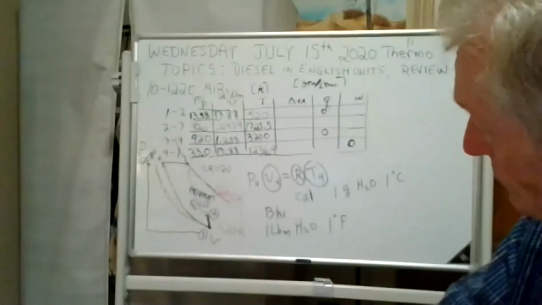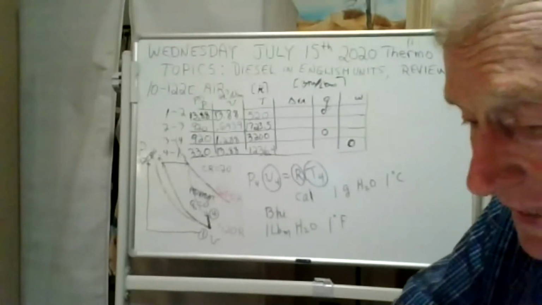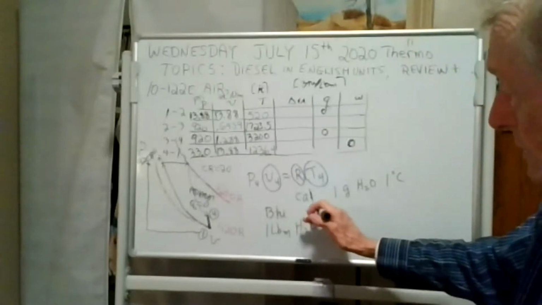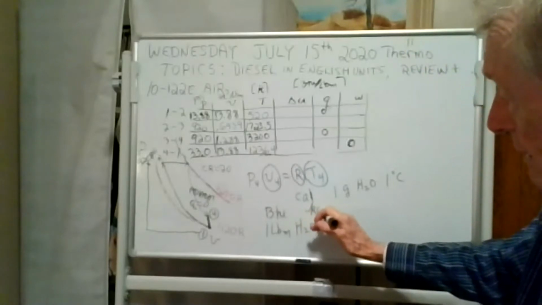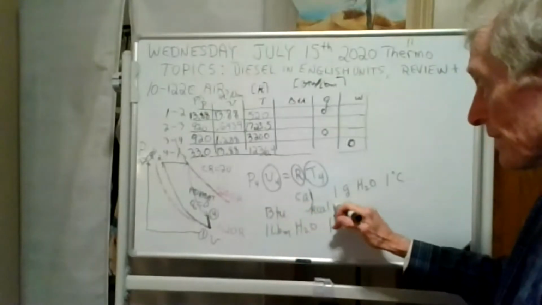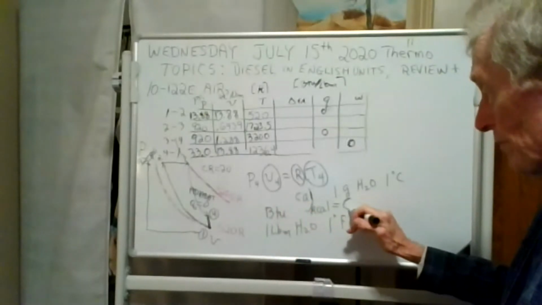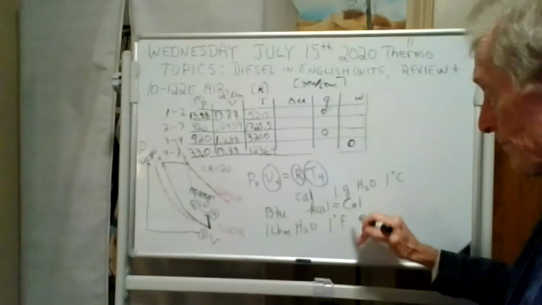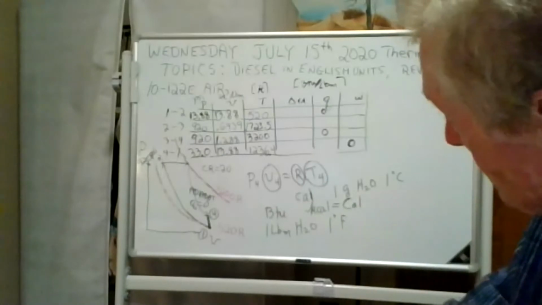Now they also have something called a kilocalorie. It's a K. See, that's a little c. The other name for a kilocalorie is capital C. And you know what that is?